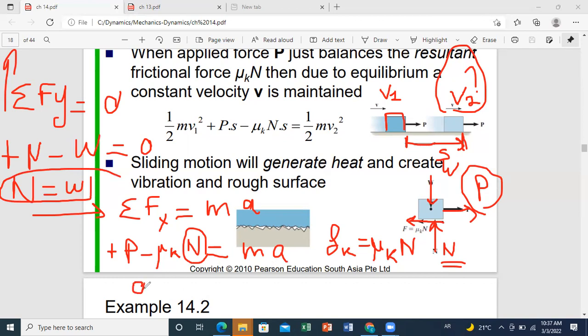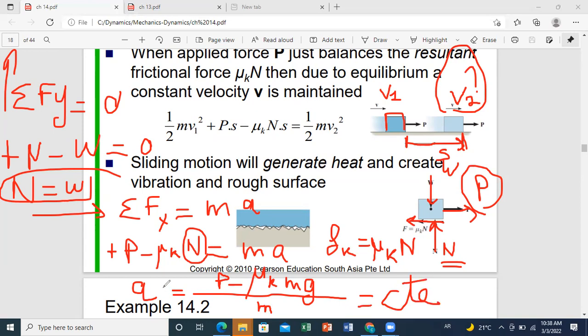So A is equal to P minus mu k times mg, which is the weight, over m. Since P is constant and I have no variable force here, A is constant.